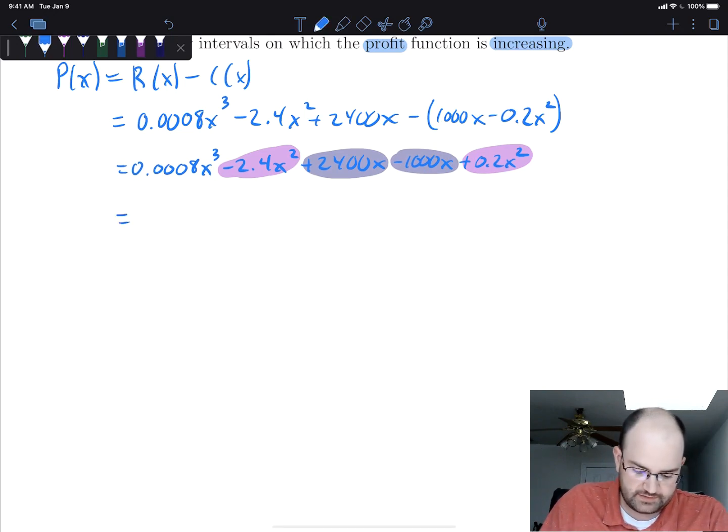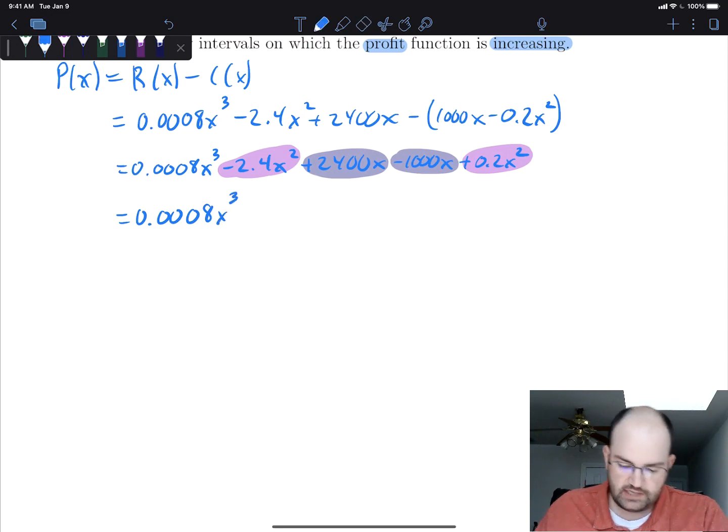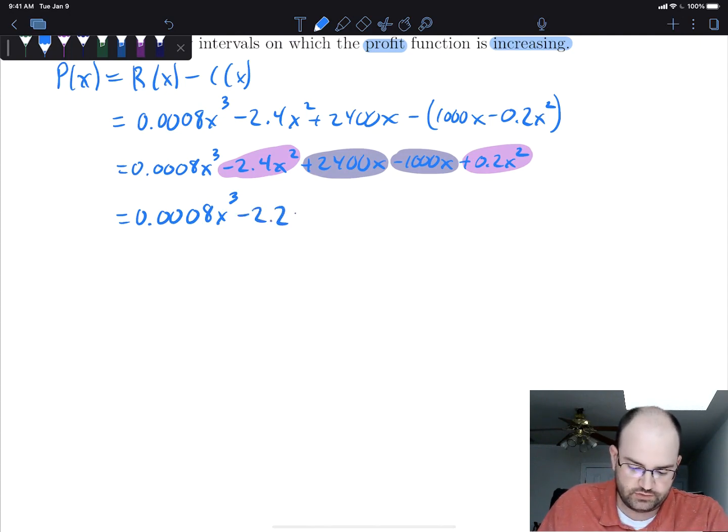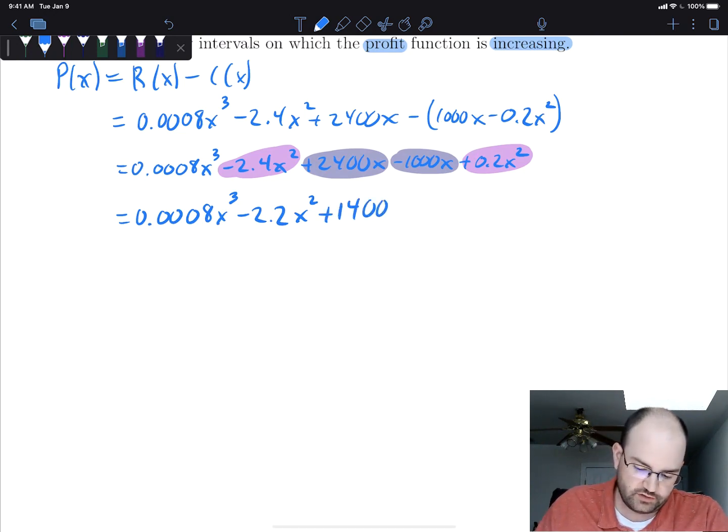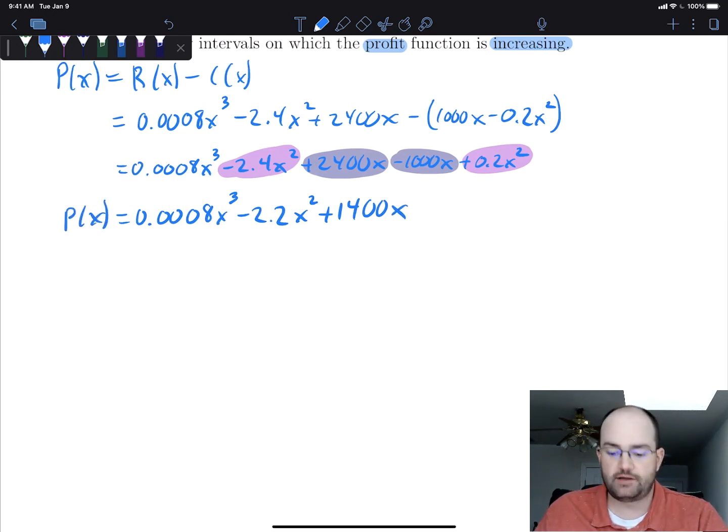So this is going to give us 0.0008x cubed. And then negative 2.4 plus 0.2 is negative 2.2x squared. And then the 2,400 minus the 1,000 is positive 1,400, and then the x there. So there you go. This is the profit function.